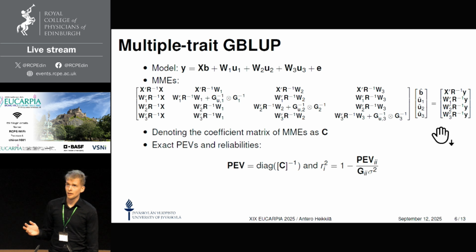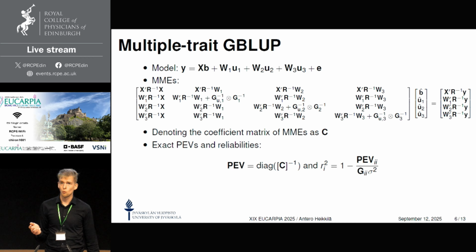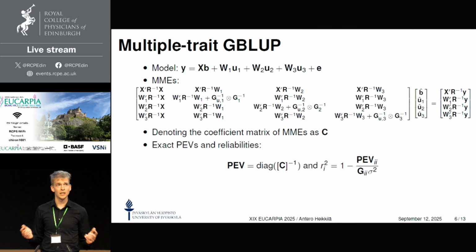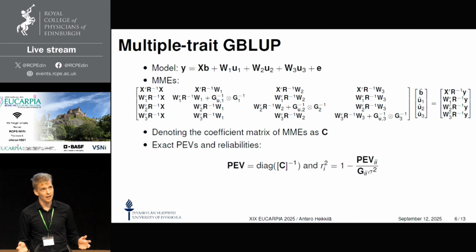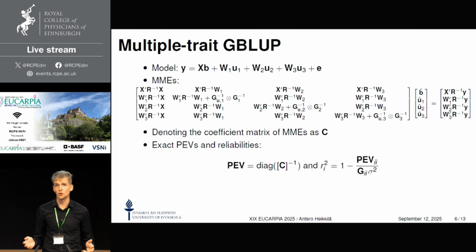Here we have the model again, and then we have those mixed model equations. They look huge and a bit messy, but in the end they are just an extension of the basic Henderson's mixed model equations. With these mixed model equations, we got the estimates for the fixed effects and the predictions for the random effects. If we denote the left-hand side of the mixed model equations as C, invert the C, and then take the diagonal values of the C, then we obtain the exact PEV values.